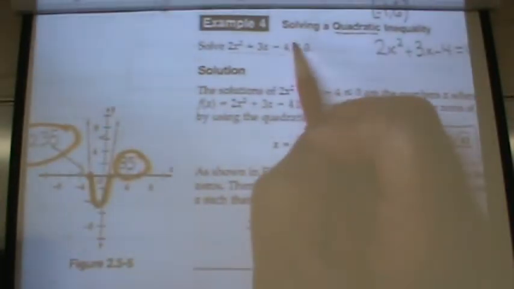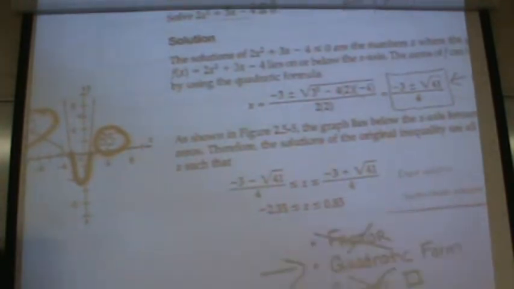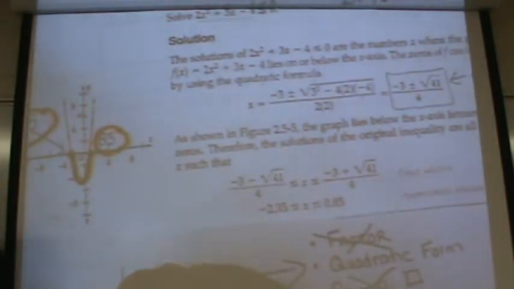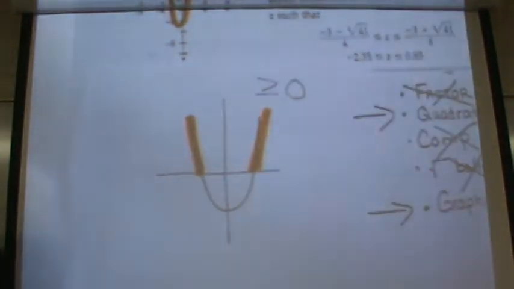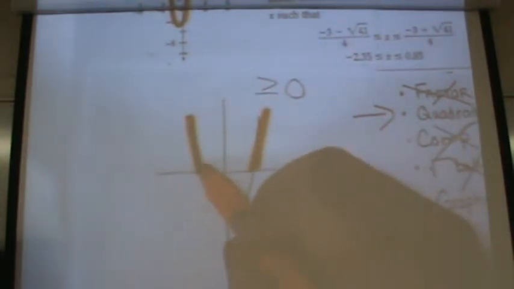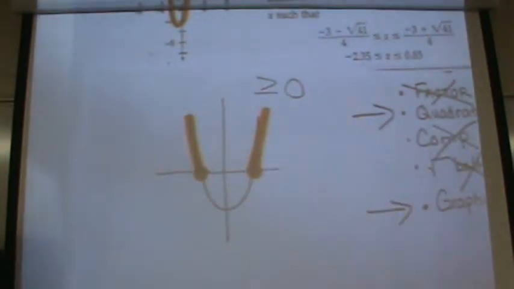What if I had greater than or equal to 0? Here's my graph again. What if I said I want 2x squared greater than or equal to 0? What part of the graph am I now talking about? The parts of the graph outside the two points. These right here, these branches, including these critical values, these zeros.